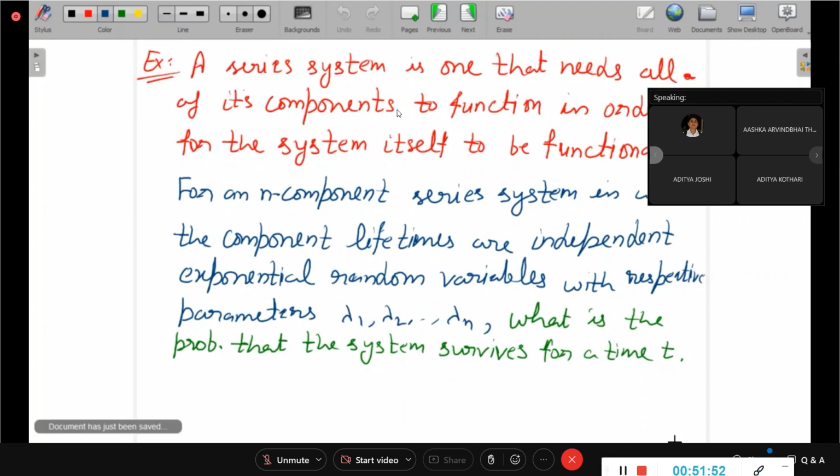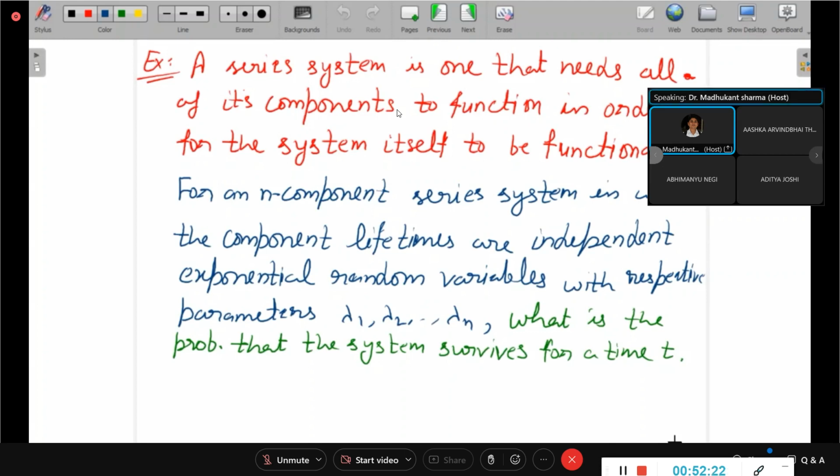For an n component series system, the component lifetimes are independent, exponentially distributed random variables with parameters lambda 1 to lambda n. What is the probability that the system survives for a time t? Means the system will survive at least time t.